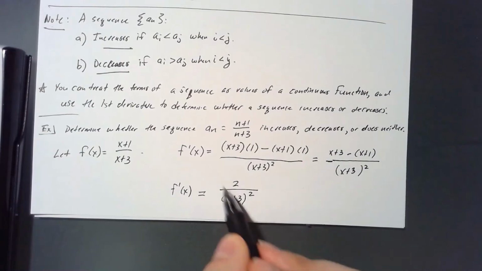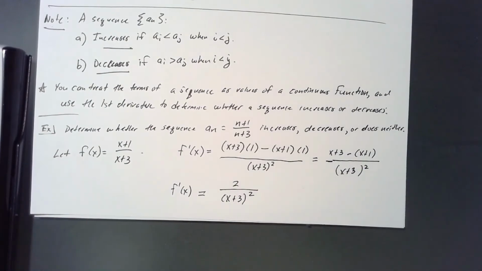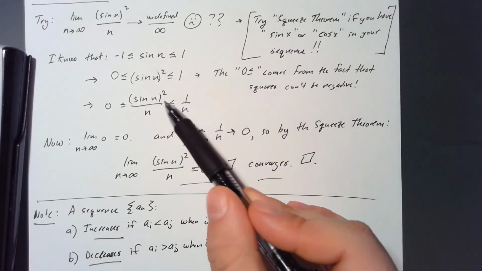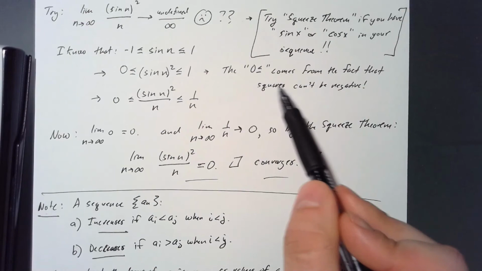Is this always positive or negative? And how can I tell that this is always positive or negative? Well, the numerator is 2, right? 2 is positive. And the denominator is something squared. I just talked about this a moment ago. Anything squared, squares can't be negative.